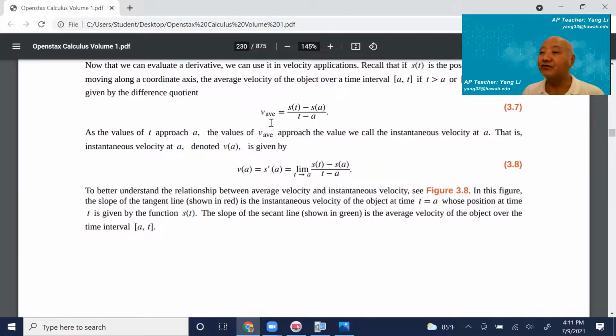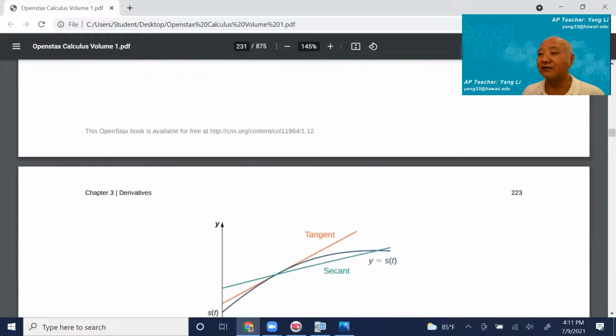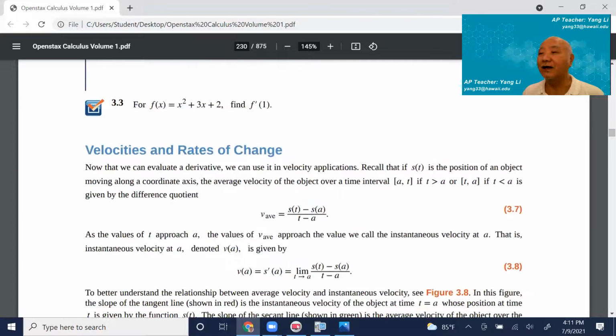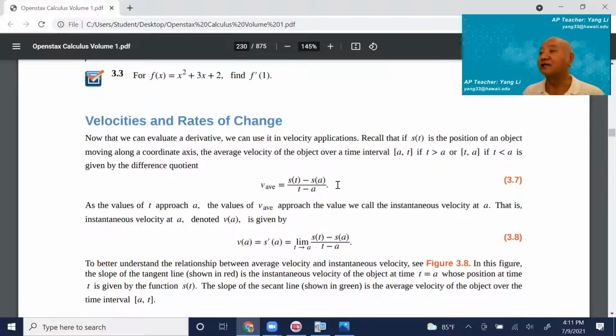So the average rate is just like the slope of a secant line: y2 minus y1, just like here, s(t) minus s(a), over t minus a. So that's why they got this, just like before when we did the slope of a secant line.